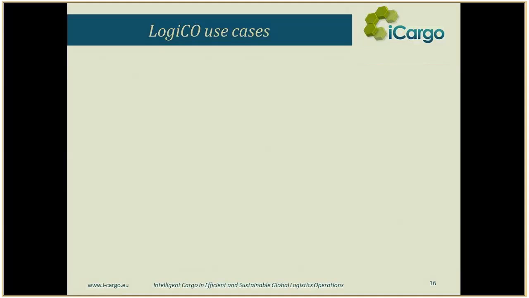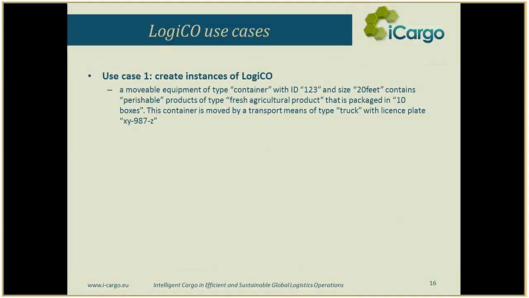On the other hand, if we have only data, a lot of data, but we don't know what they mean or how to connect them, that's also not useful. So the best way is to have data that explain what happens in reality, based on a good, consistent, solid semantic model like LogiCO.